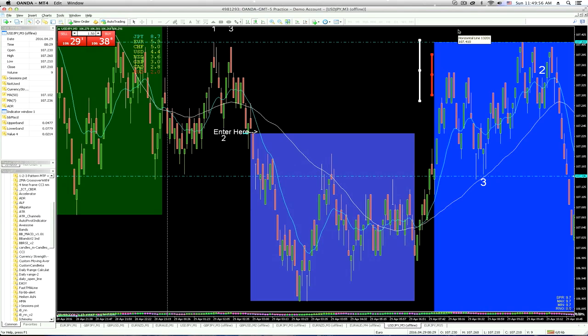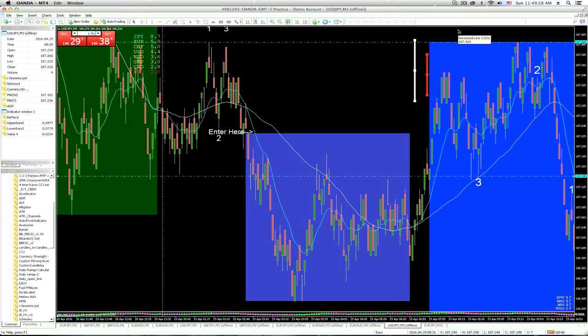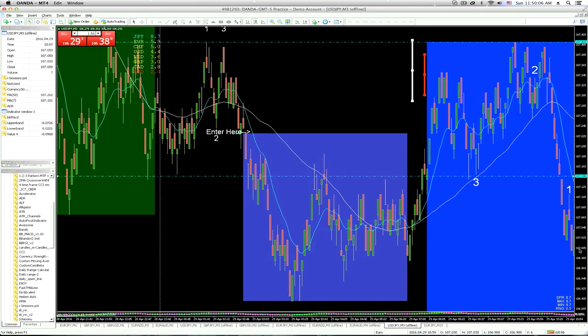All right, so moving along, what happens here? We have a 1 down here in the bottom right. Now we have what happens after that. Oh, on the next one, we do have a lower low.